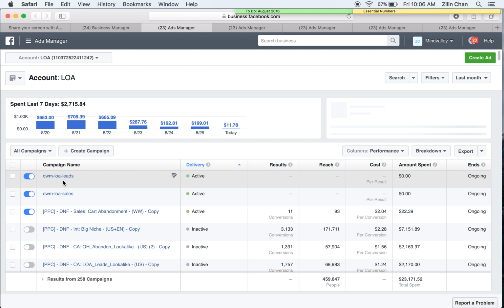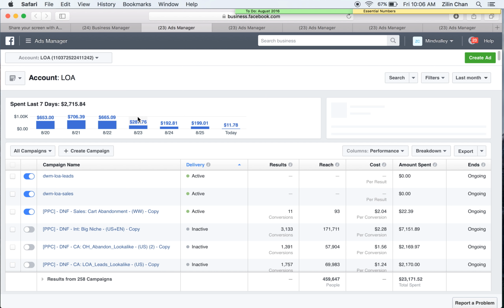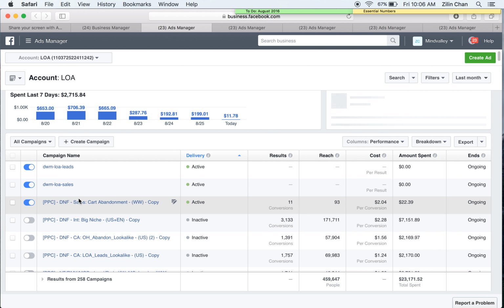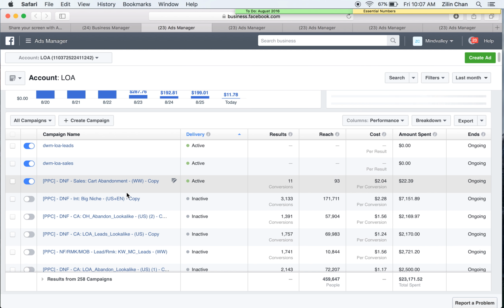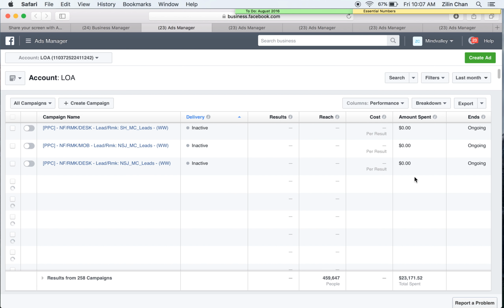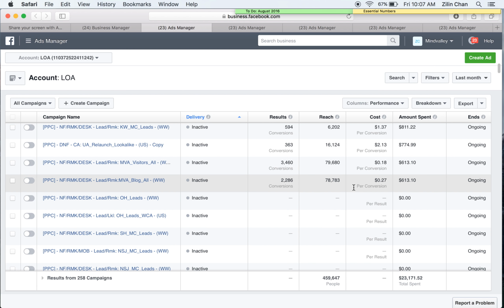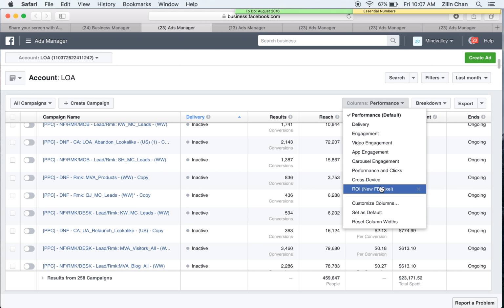I see that the agency has taken over this account, so maybe let's go back to July when we still had the account. Okay, so let's not look at those DWM. If we take a look at the rest, let's have a look at the performance on the campaign level first.